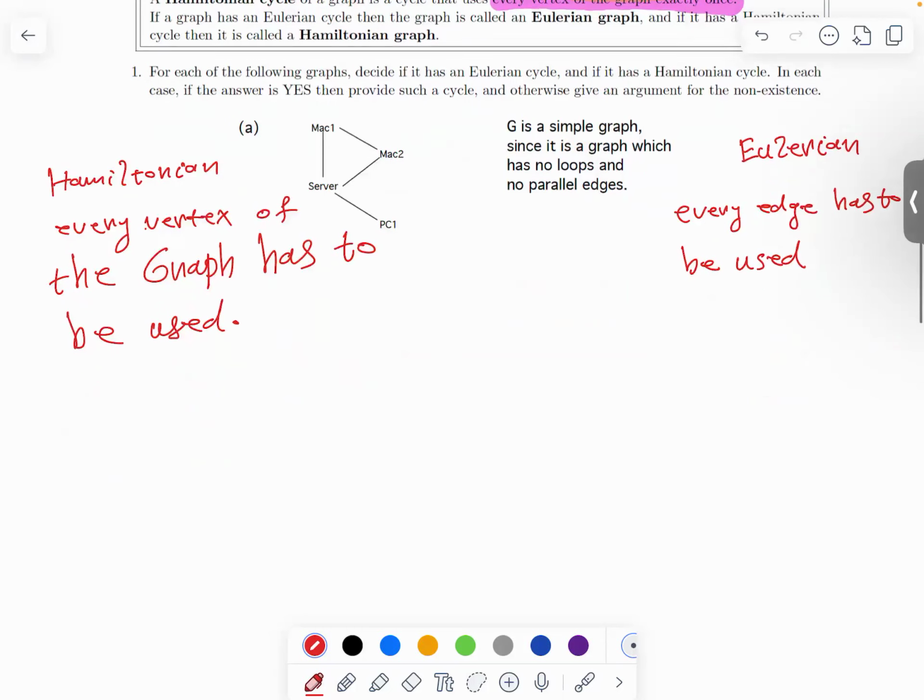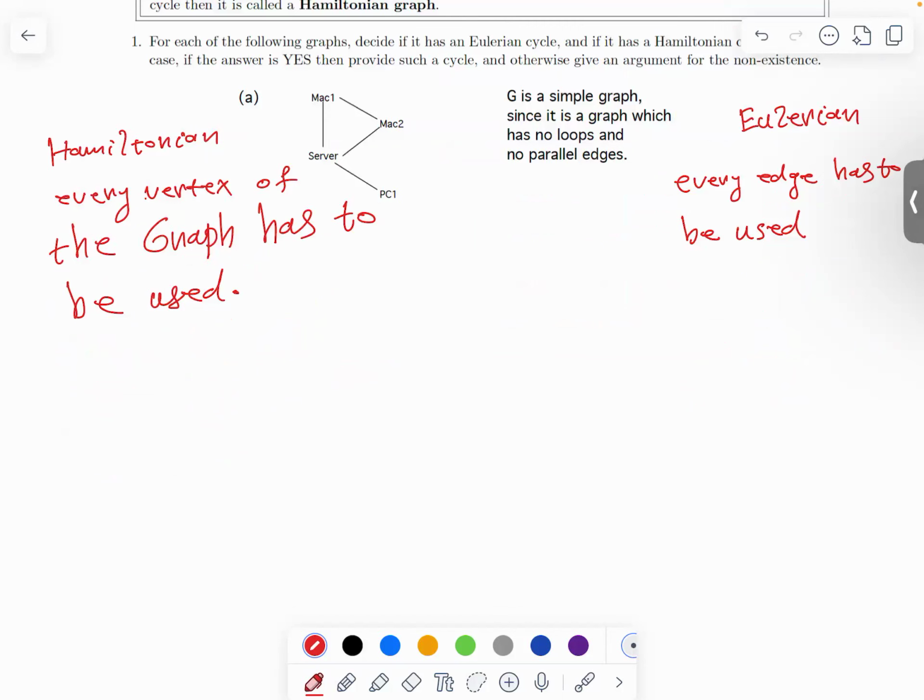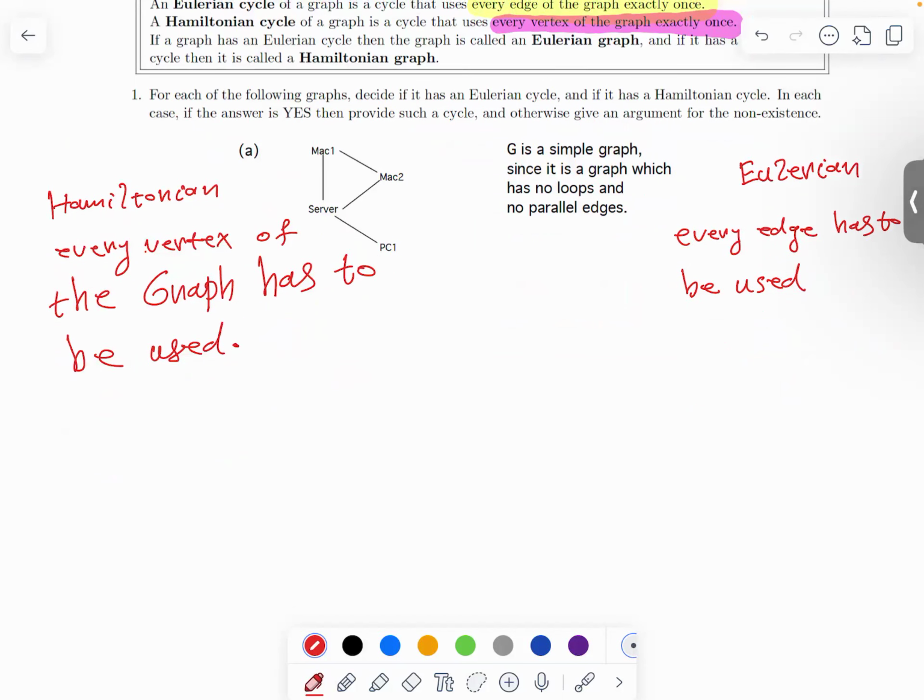All right, so let's analyze question one. Question one asks whether it has a Eulerian cycle or not. If I start from PC1 here, I won't be able to come back to PC1 because there is just one edge.